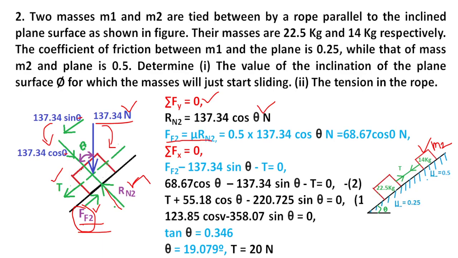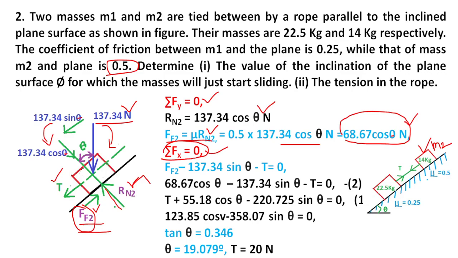So the frictional force F2 is equal to mu Rn2. The friction between the block is 0.5, so 0.5 into 137.34 cos theta Newton, which is equal to 68.67 cos theta Newton. Next, the sum of horizontal forces is equal to 0.